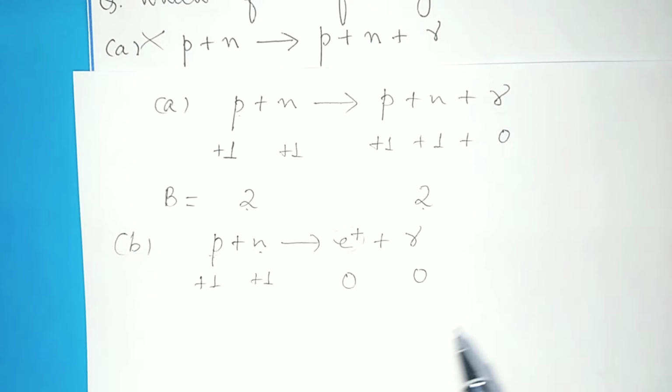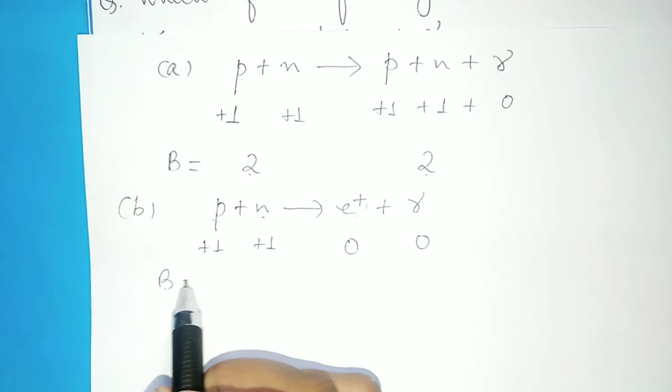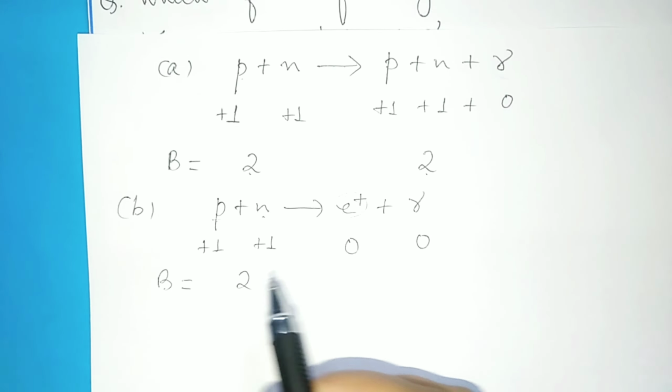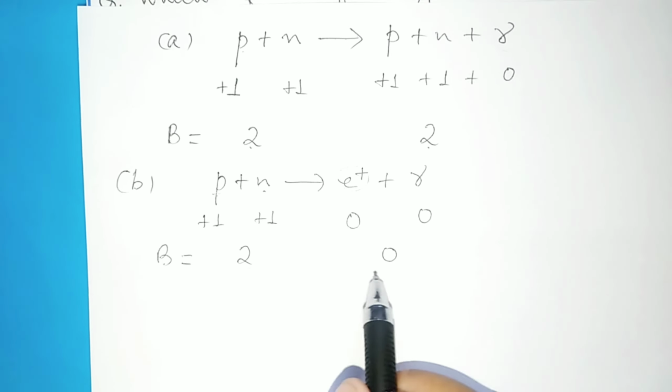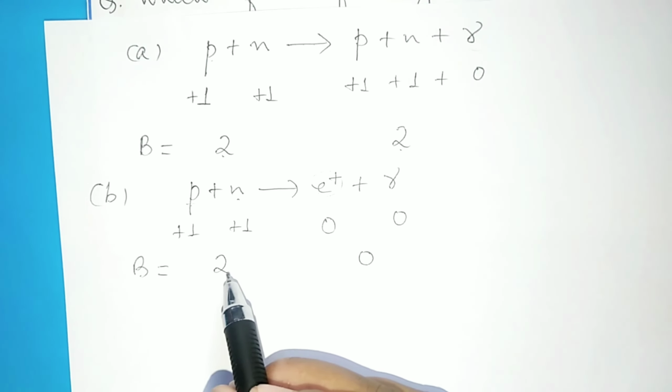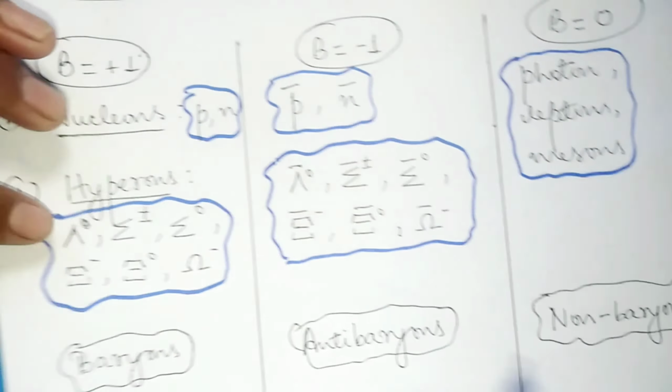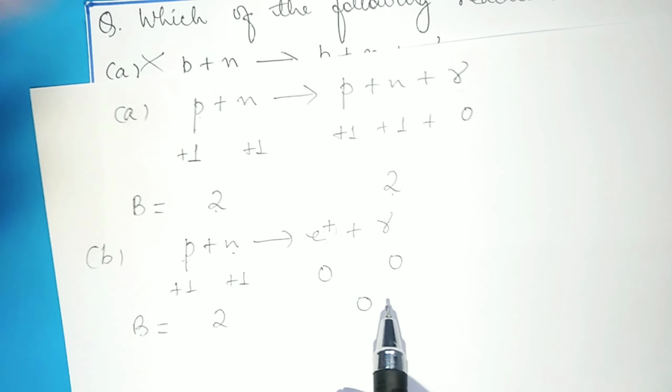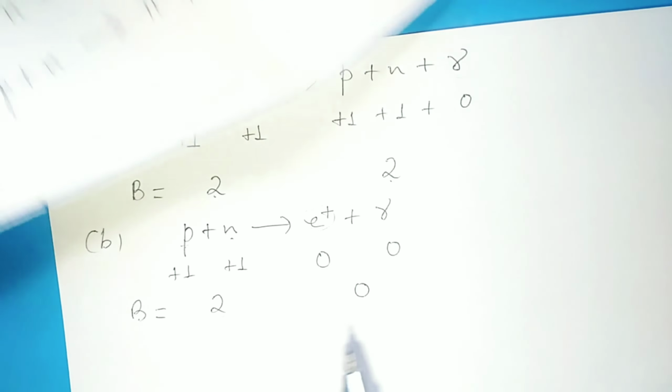Here also 0, non-baryons, okay? So on the left, here we have 2, on the right we have 0. Here baryon number is not conserved because on the right we have 0, on the left we have 2, okay? So this reaction is forbidden.